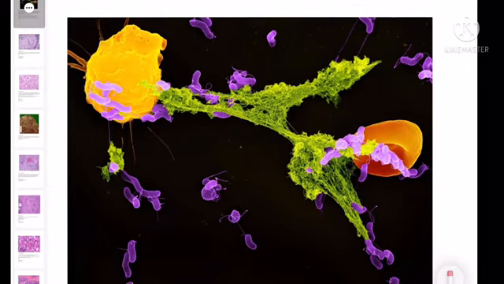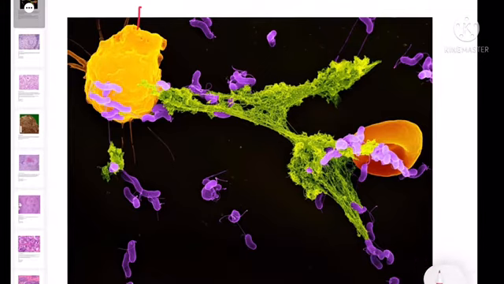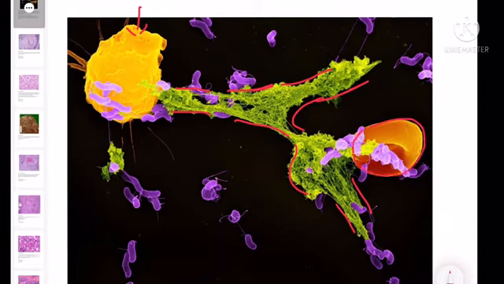So if you say that this one is a neutrophil, and then what are the green things? These are the cytoplasm. So the neutrophil is throwing the cytoplasm outside, and it's also throwing the nucleus outside.